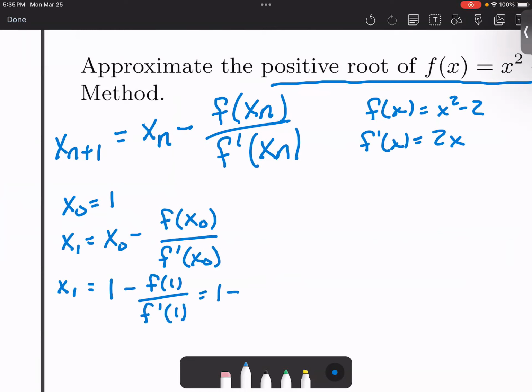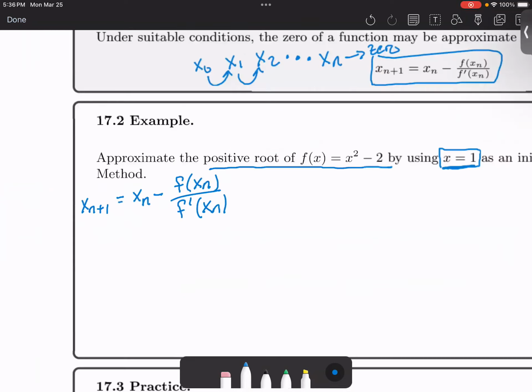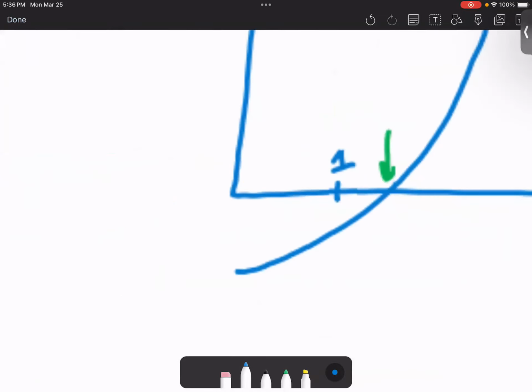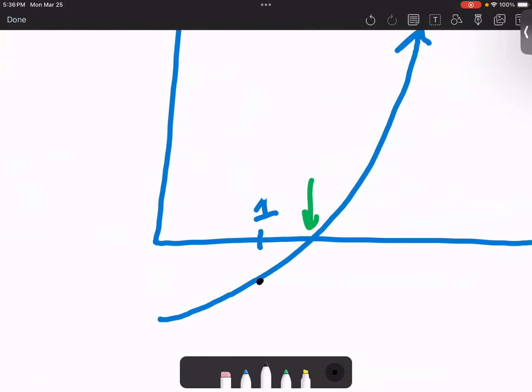And that is 1 minus a minus 1 over a 2, or a 1.5. So what we're doing is we're walking along the tangent line. And our next guess is 1.5.